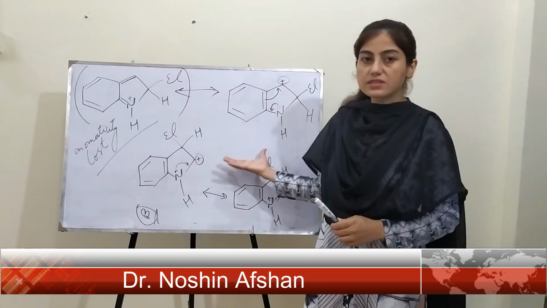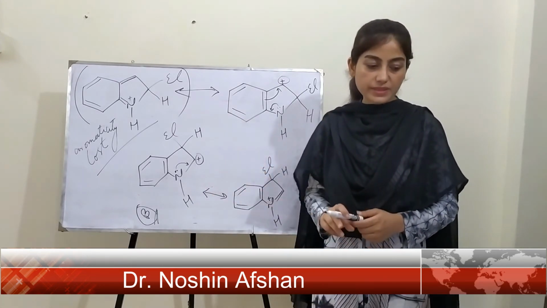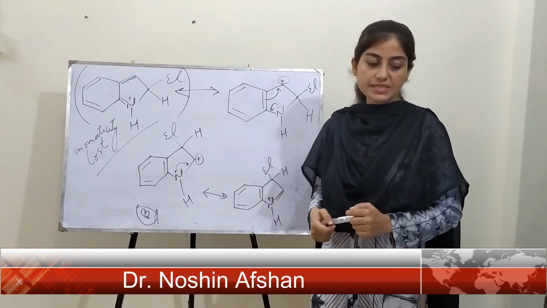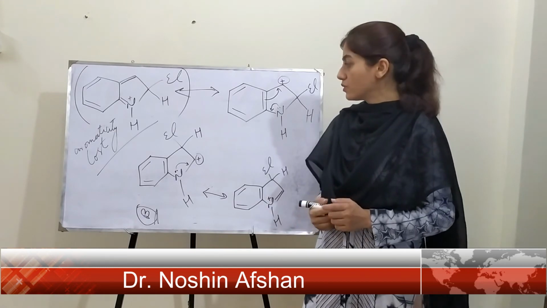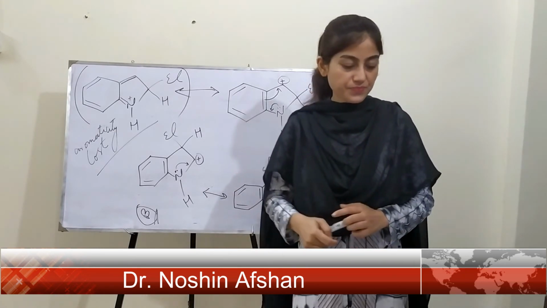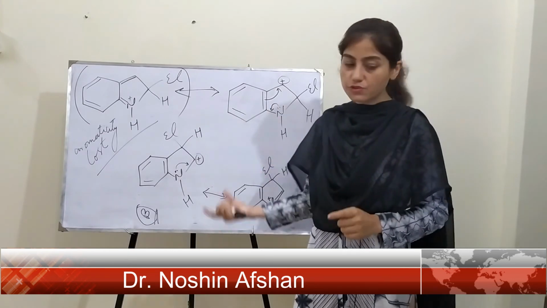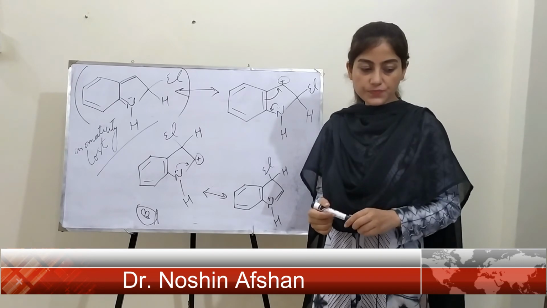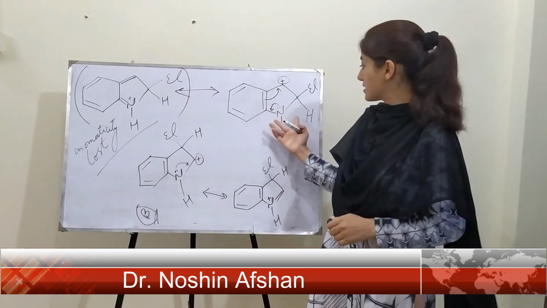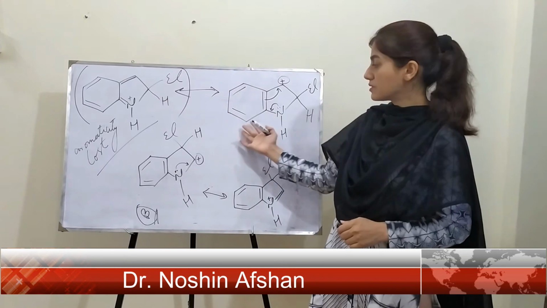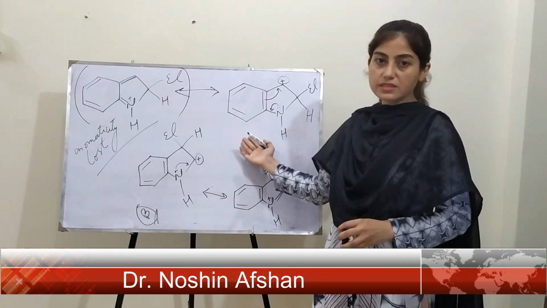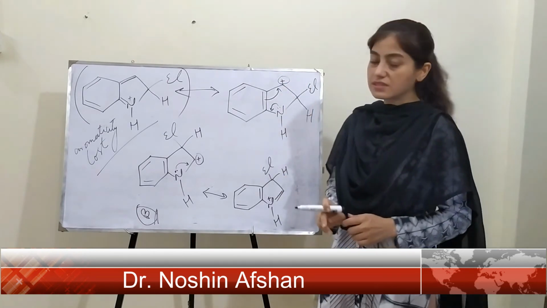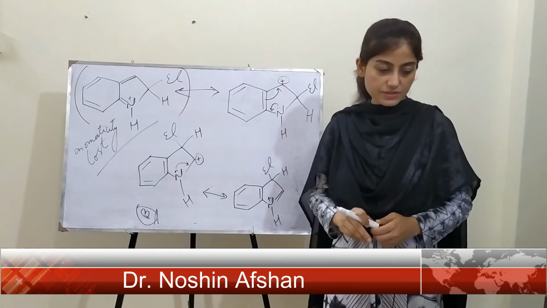And this justification also covers our next question, that is, in the case of indoles, which position is preferably attacked by the electrophiles? The sentence structure is like this: the intermediate for alpha attack is stabilized. This intermediate is stabilized, no doubt, because here the aromaticity has been retained, but this positive charge is localized.